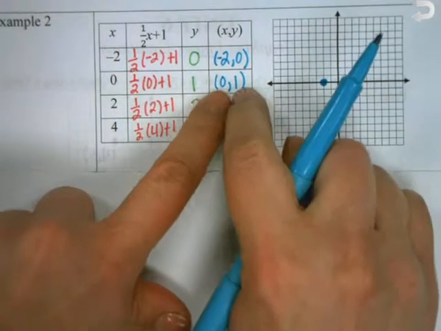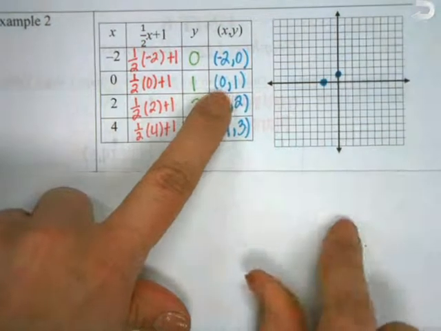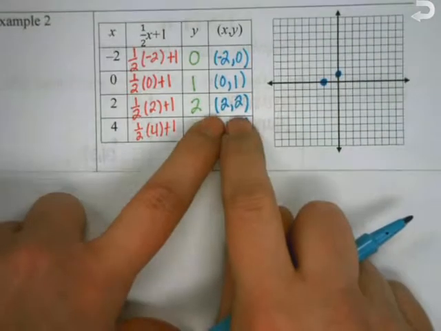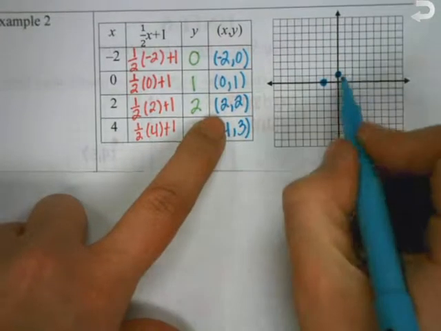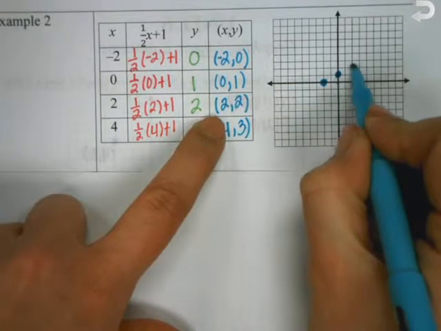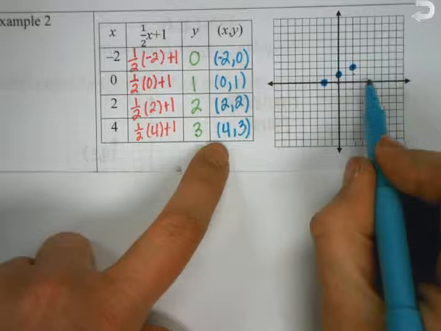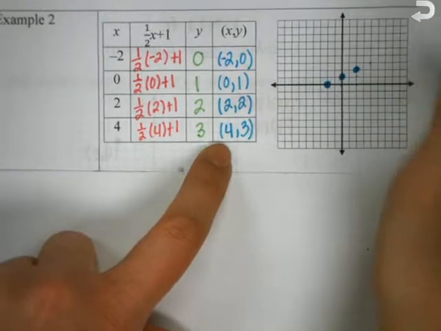What about 2, 2? Over 2, up 2. Next one you go over 4, up 3. Okay, so that should be a straight line, so let's draw it.